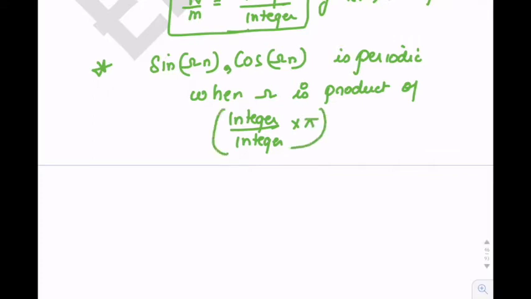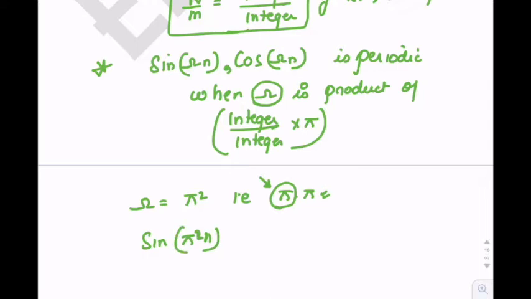But if we compare here, we have sigma equal to pi square, that is pi into pi, and this is an irrational number. So sigma is not equal to an integer upon integer ratio multiplied by pi. So that's why we can say that here sin(pi square n) will be a non-periodic signal.